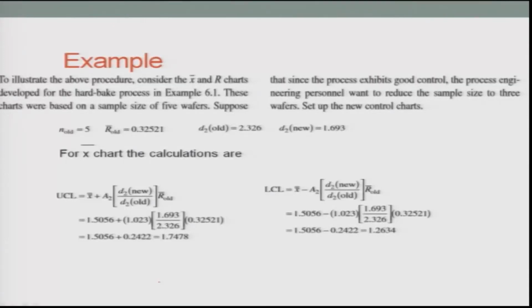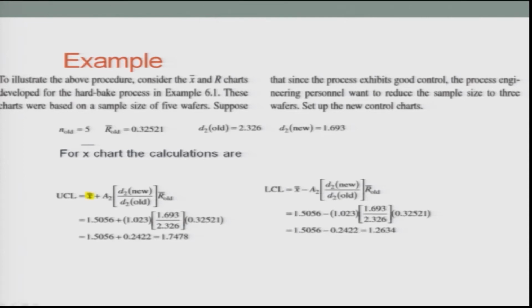So, once you do the calculations based on this, let us first consider the X bar charts. X double bar obviously remains the same. Let me highlight using the color yellow.